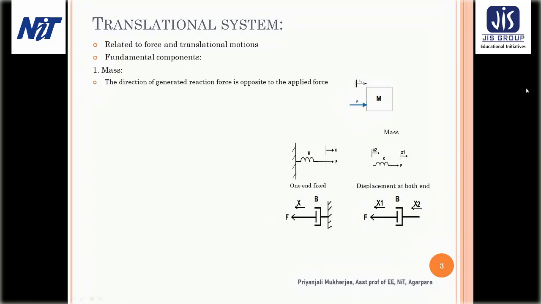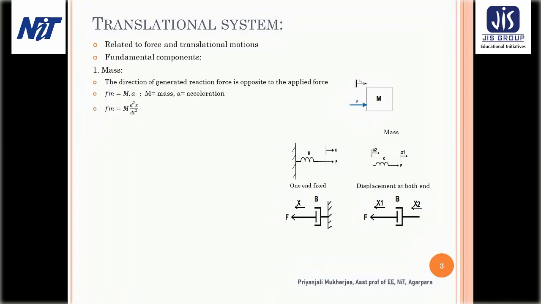Suppose in this direction, x1 is the direction of the displacement, and due to this, an opposite force F_m is generated in the opposite direction, and that is known as the reaction force. The reaction force F_m is proportional to the acceleration, or we can say this reaction force is equal to mass into acceleration.